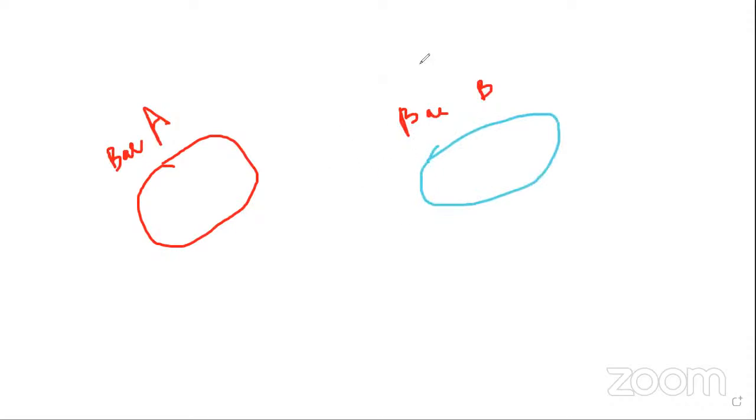What is the name of the extra chromosomal body present inside? Plasmid. Very good, my dear. So both are considered plasmids.